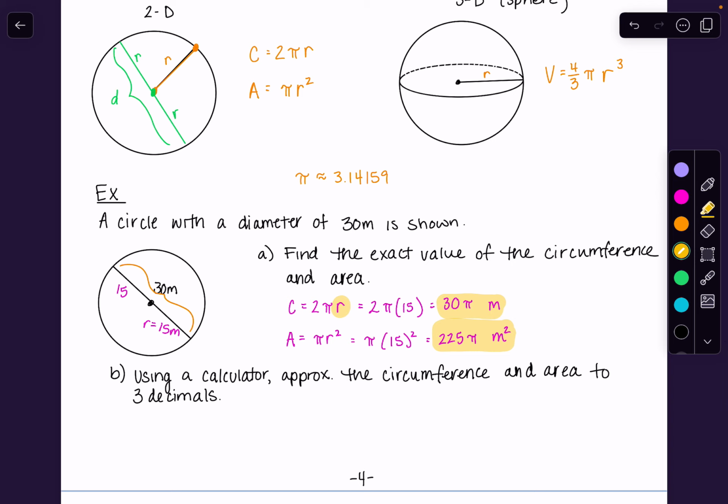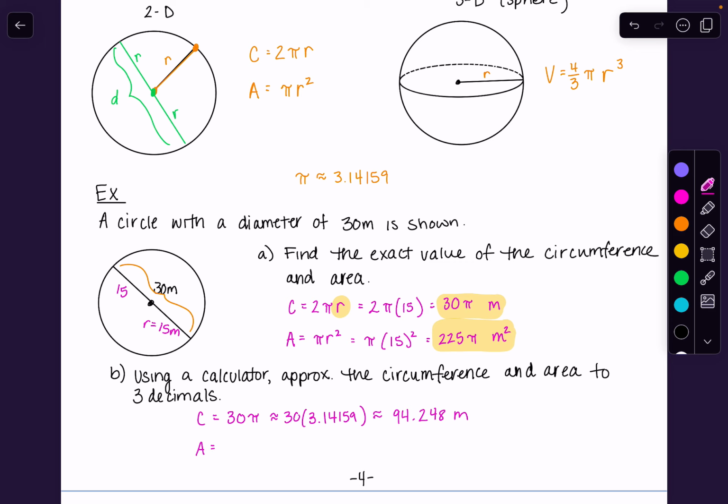Now, if we want an approximation, this is where we go ahead and use the pi button or use 3.14159. So the exact value of the circumference is 30 pi, which approximately is 30 times 3.14159. So plugging that into your calculator, or again, just doing 30 times pi on your calculator and rounding to 3 decimal places, you should see this is 94.248 meters roughly.